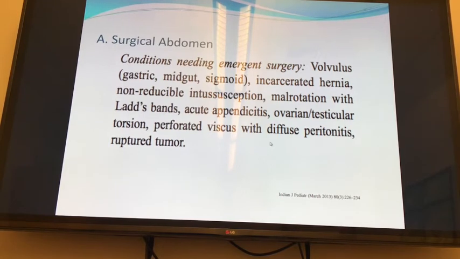But in the odd kid who gets volvulus, a kid who's got a GT tube can flip around on that and get a gastric volvulus. That can be quite deadly, particularly because there's a delay in diagnosis. So someone, their abdomen looks off, but they have this metabolic acidosis, you know, ding, ding, ding, why is that, what's going on? It can't be just a little dehydration if it's a severe acidosis.